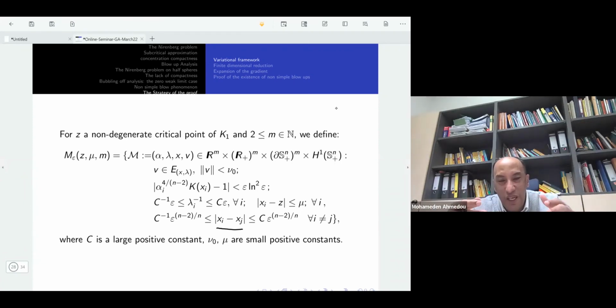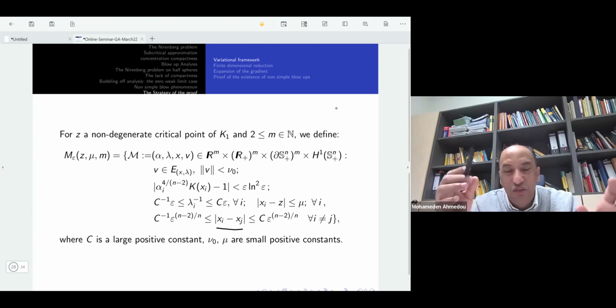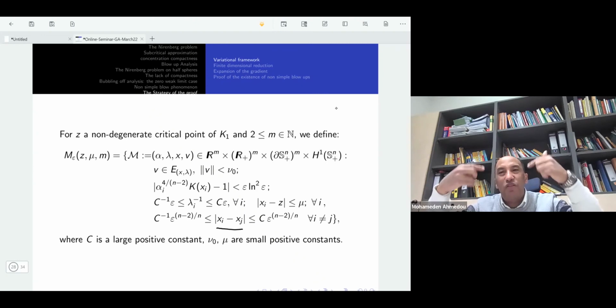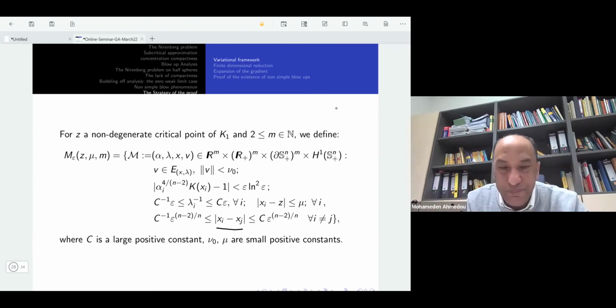This is why the distance between these points, xi and xj, converges to 0. But they converge to 0 with some rate. This comes from the blow-up analysis. You know that if xi and xj both converge to z, their distance will be comparable to epsilon to the power of (n+2)/n.